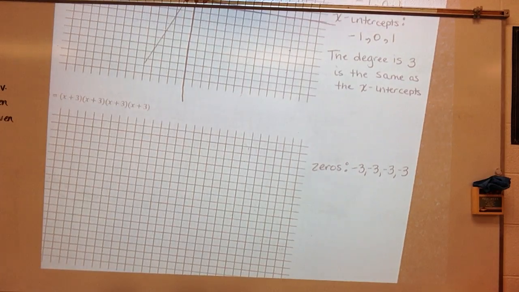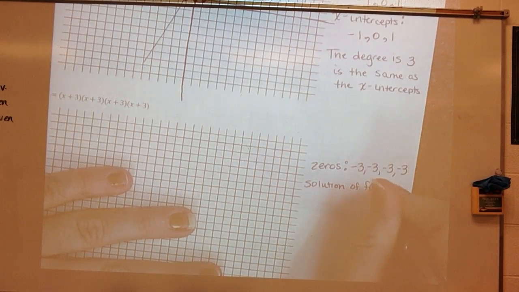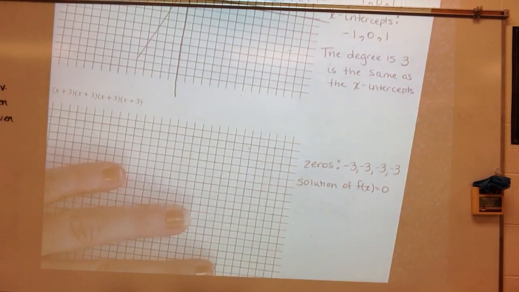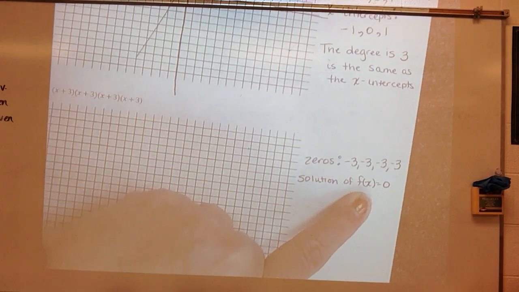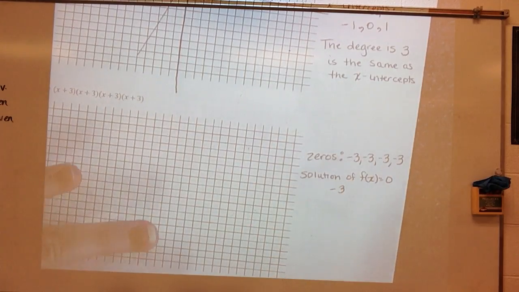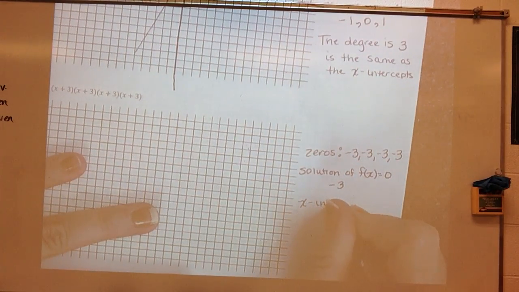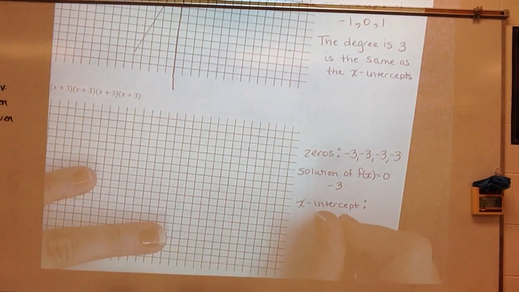So my solution of f of x is equal to 0, in other words, where does y equal 0, because when I say f of x, I'm thinking about my y, it's negative 3. My x-intercept, I only have one x-intercept. It's negative 3.